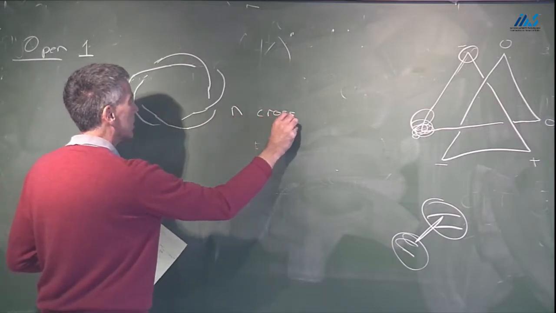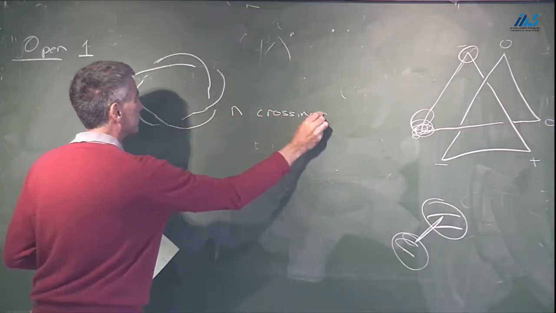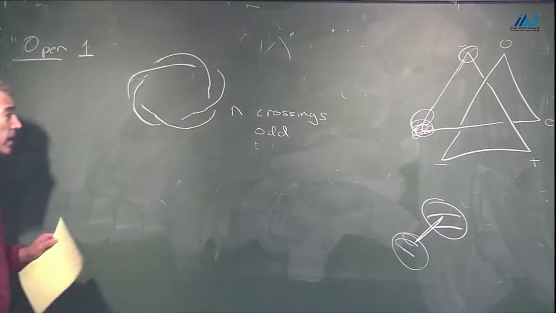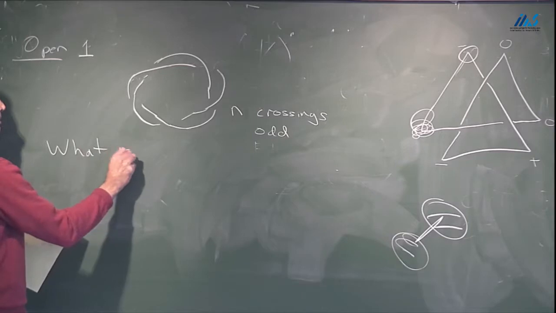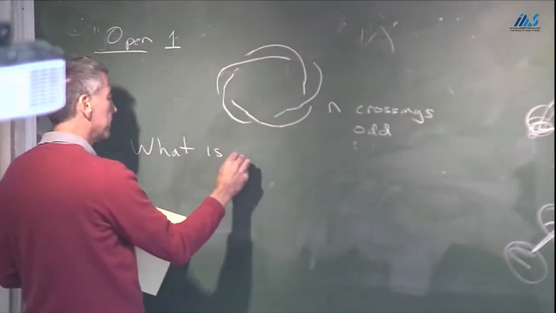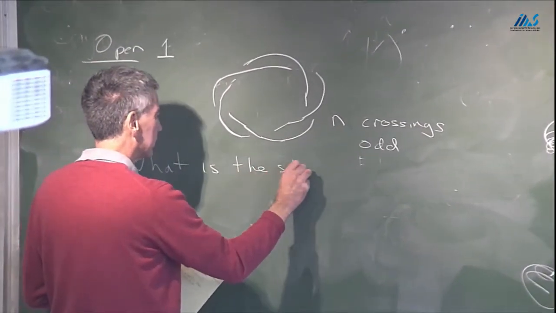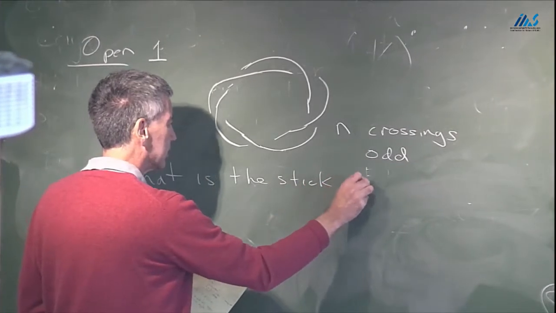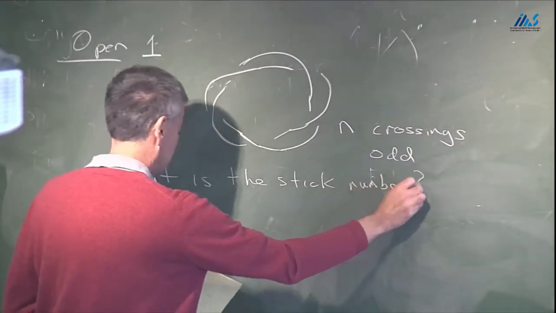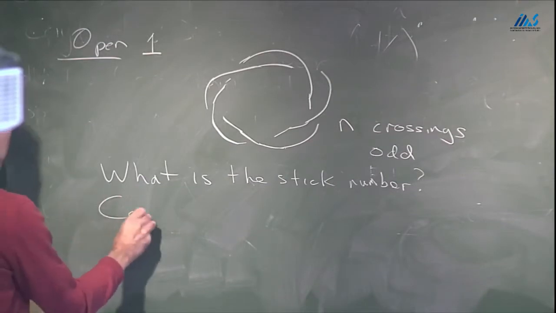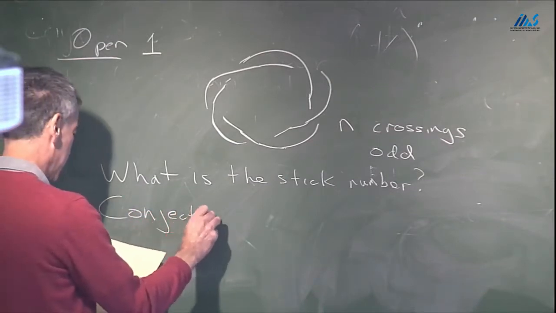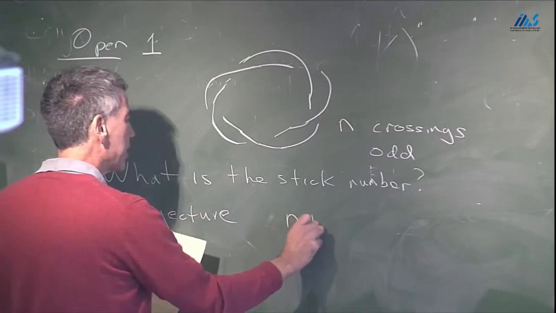N would be odd in order to make it a knot. And you can ask, what is the stick number? That's an open problem for this class of knots. How many sticks do you need to make such a thing? The conjecture is n plus 3.